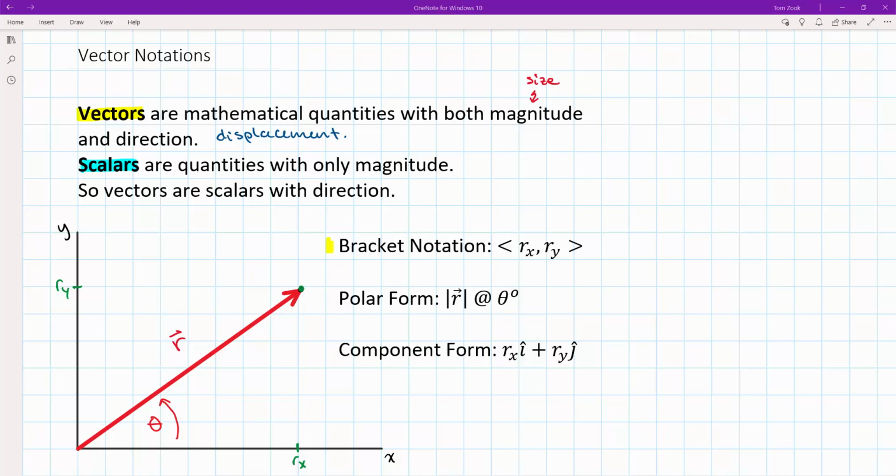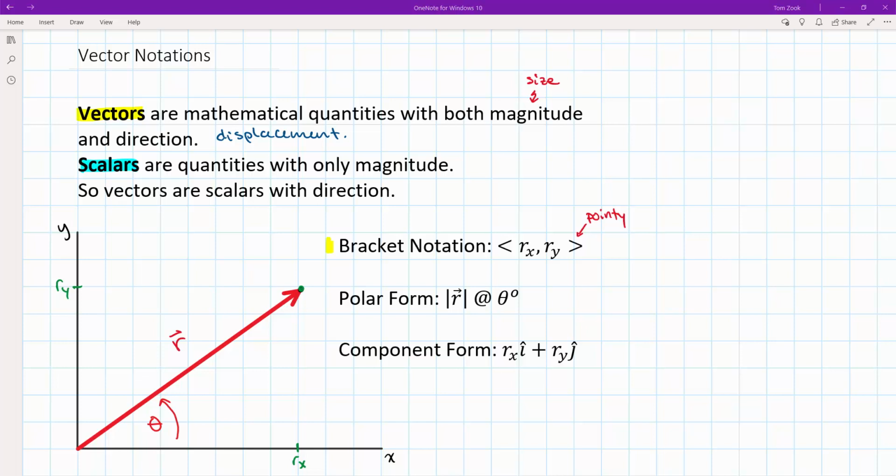So bracket notation is essentially doing an ordered pair, but you use the corner braces, or greater than, less than symbols here, pointy braces, to represent the fact that it's a vector, not a point in space that you're talking about.